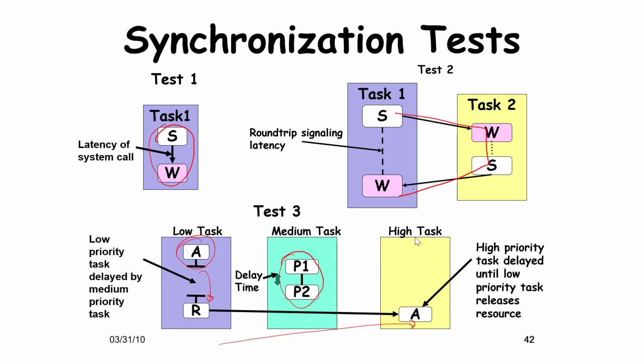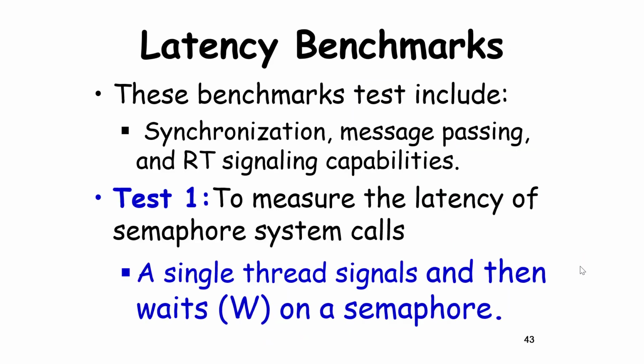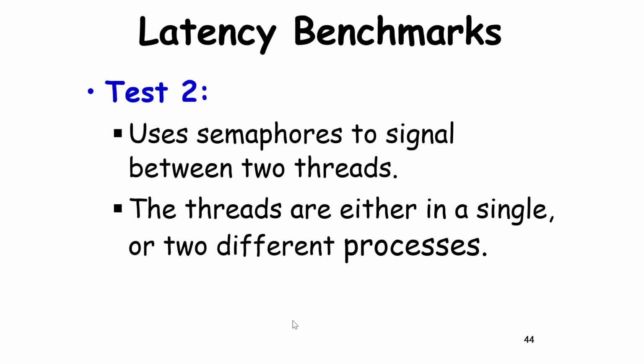So all of these things, right, all of these interactions, which is a single system call or a signal wait kind of synchronization or a resource based synchronization, will all come in the synchronization latency test. So then we can, of course, create many other kinds of tests. So basically, for synchronization, we can create a signal wait semaphore kind of thing.